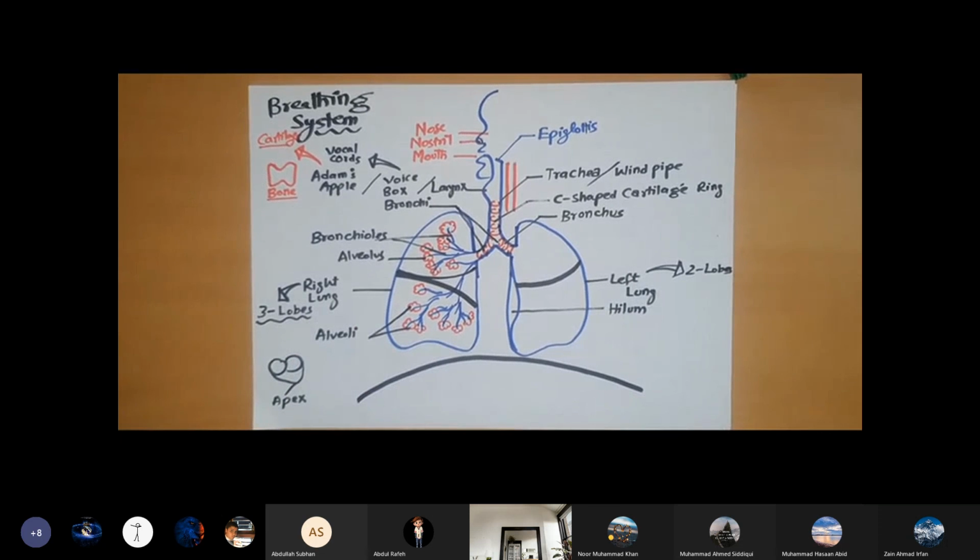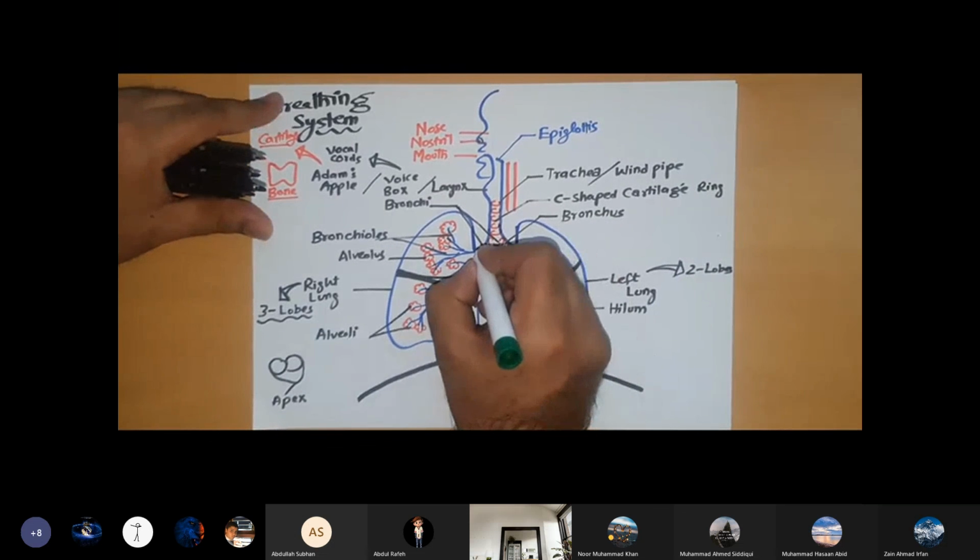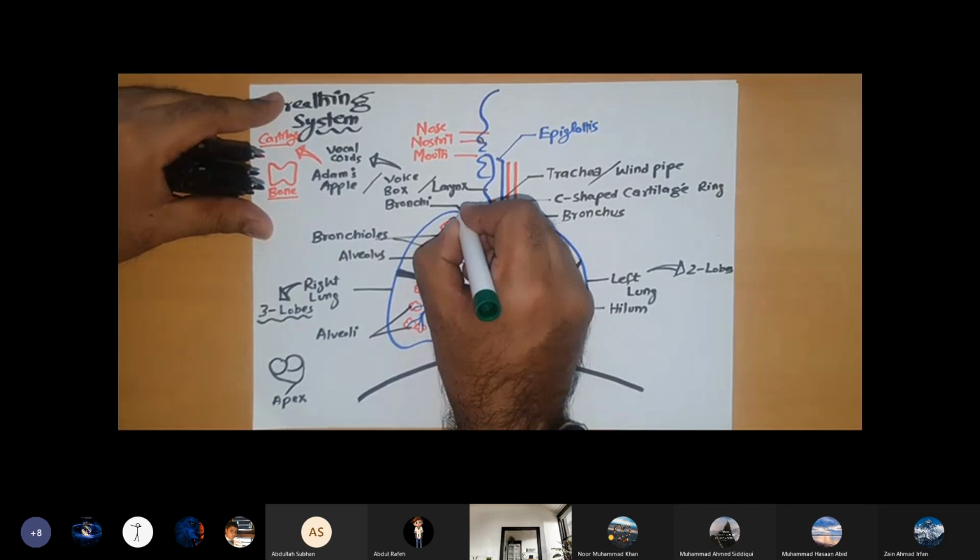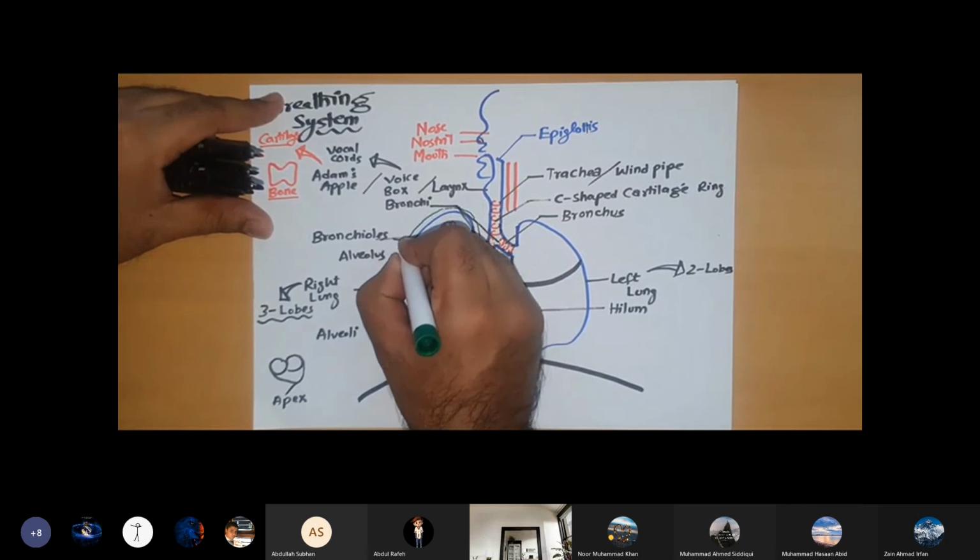Now, another interesting fact is that around both lungs there is a very thin membrane which I am representing with the green color.